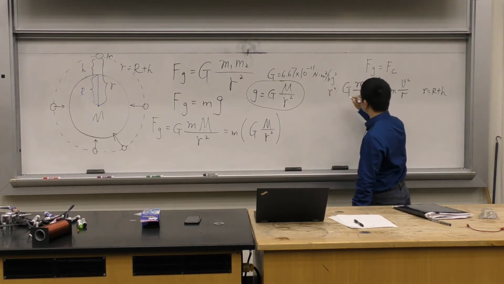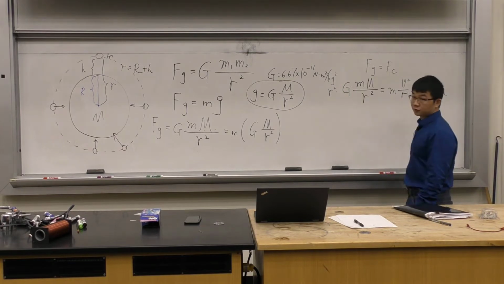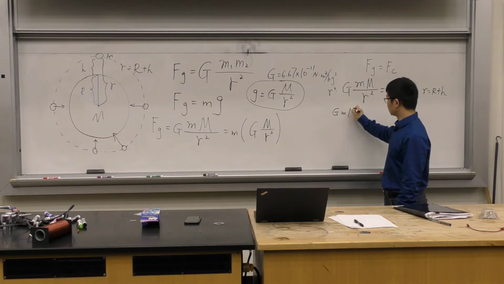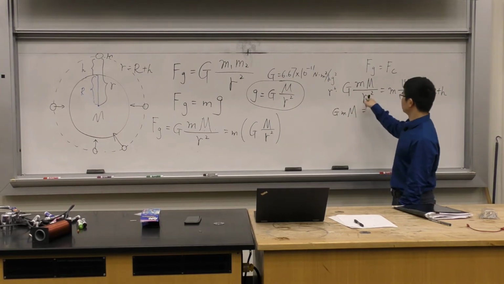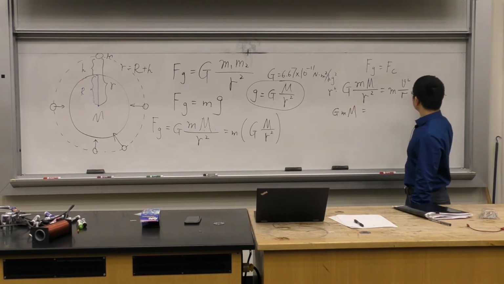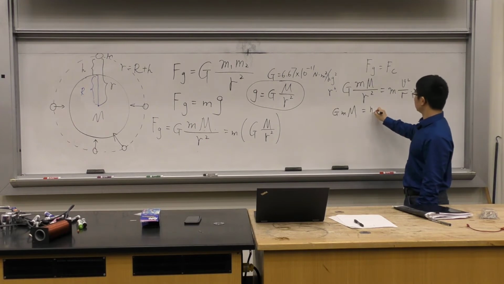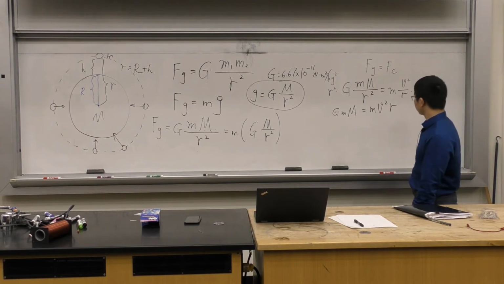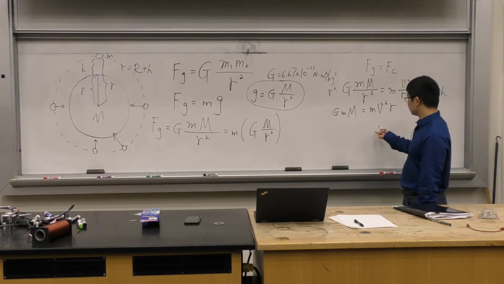So that's going to get rid of both denominators. On the left-hand side, I will get G M m. This cancels that r squared. So on the right-hand side, I will get m v squared times r. So I still have one power of r left. Now it's easy. If I want to find v, I first divide both sides by m and r.